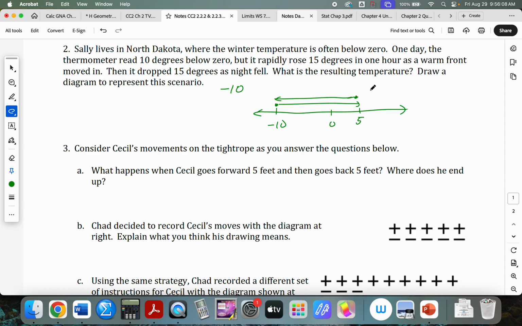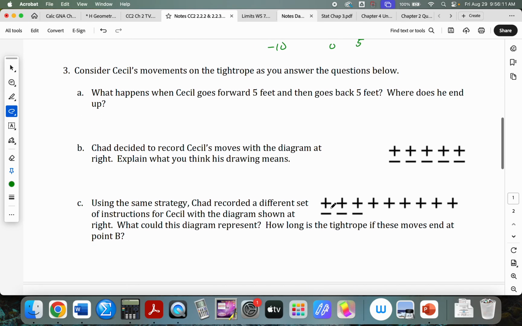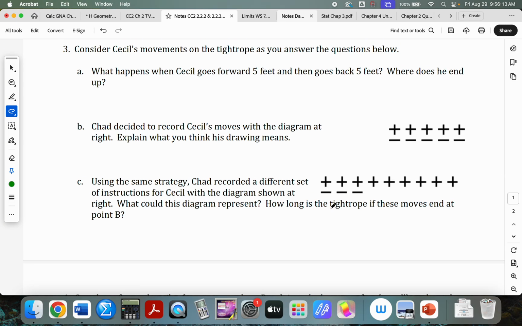So, what happens when Cecil the tightrope walker goes forward 5 feet and then goes back 5 feet? Where does he end up? Where he started. Yeah, exactly.